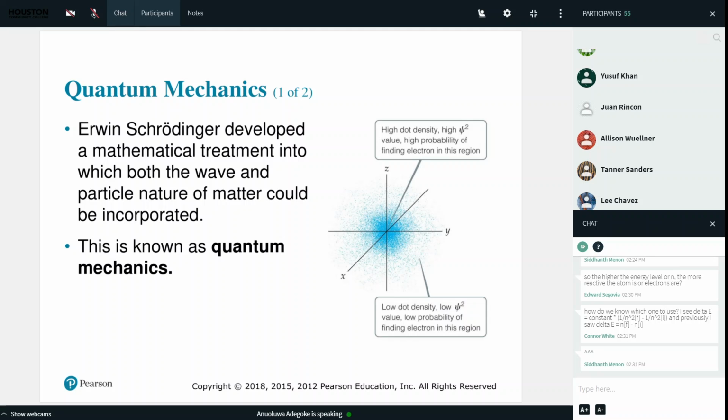Then we come to a scientist called Schrödinger. Erwin Schrödinger developed the most recent explanation of the electronic structure of atoms. This theory is called quantum mechanics, and it's a widely accepted description of electronic behavior in atoms.